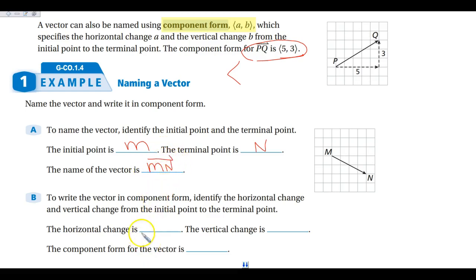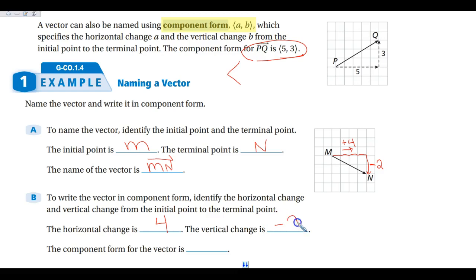All right. Now, I want to write this vector in component form. So I start with figuring out what my horizontal change is. So I'm going to go 1, 2, 3, 4. All right. I am moving to the right 4 units, in a positive 4 direction. Now, notice here, my vertical distance is down 2.